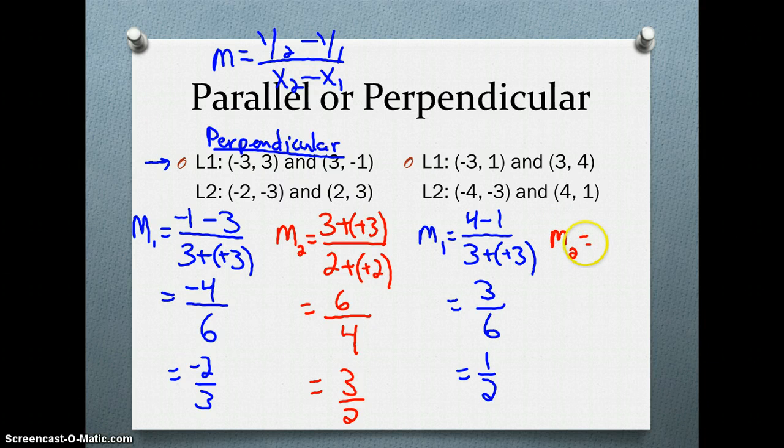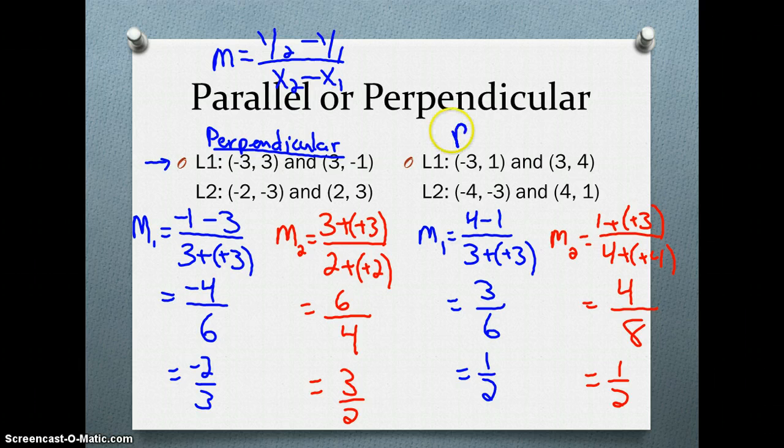I have M2 is equal to 1 minus negative 3 all over 4 minus negative 4. Minus the negative 3 becomes plus 3. I get 4. 4 minus negative 4 becomes 4 plus 4. I get 8. 4/8 is 1/2. It looks like those two slopes are the same. These would be parallel.